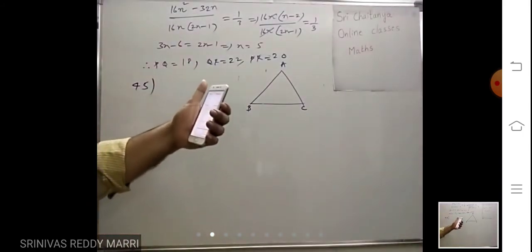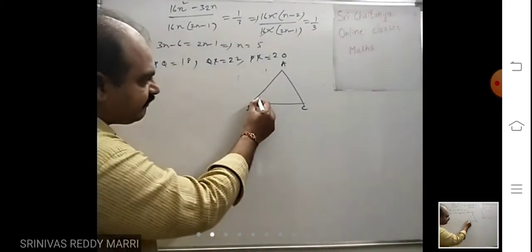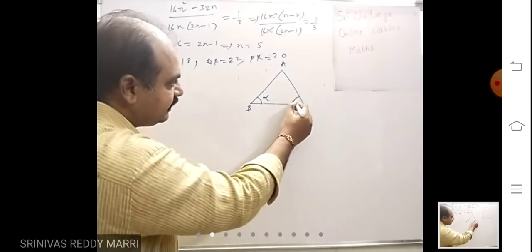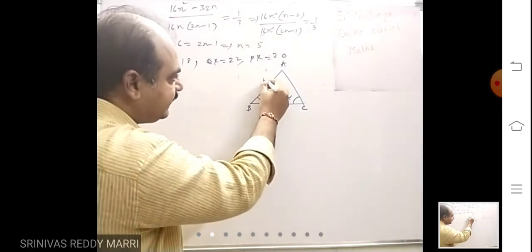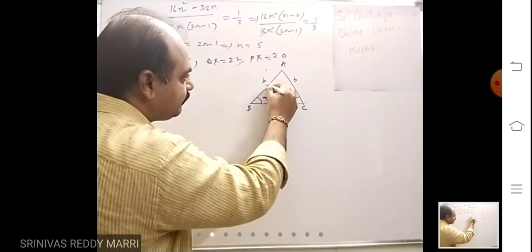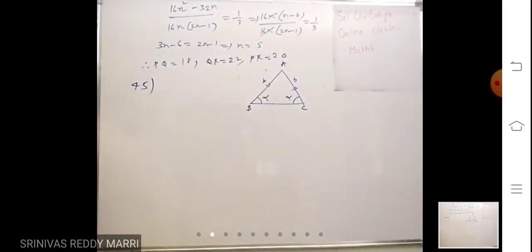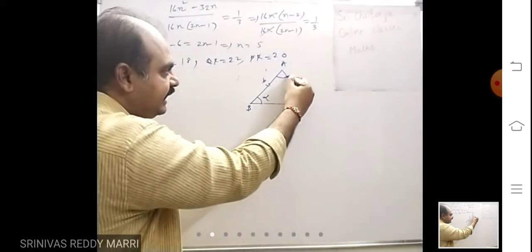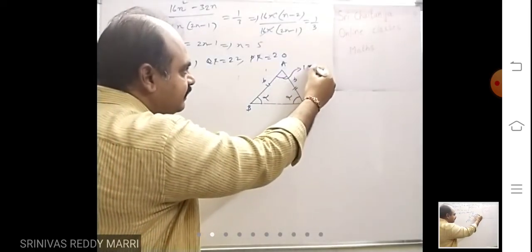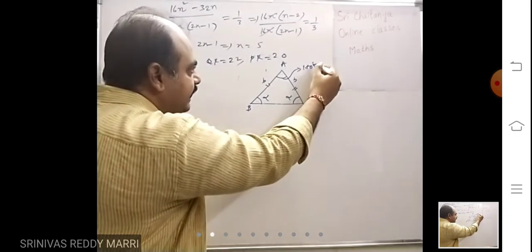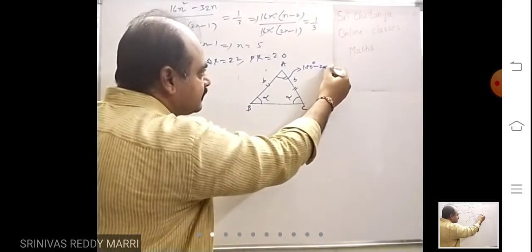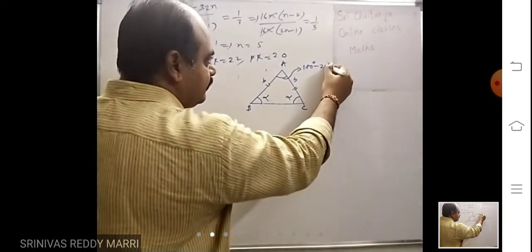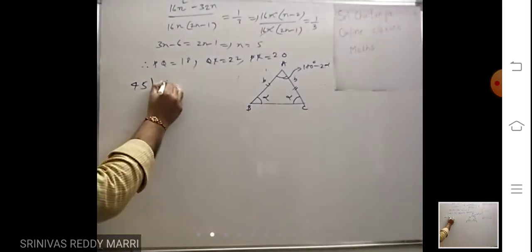So look at triangle A, B, C, given with equal angles, an isosceles triangle. That means this is alpha, this is alpha, and the equal sides are b. If these are alpha, then angle A is 180 degrees minus the sum of the two angles, so angle A is 180 minus 2 alpha.